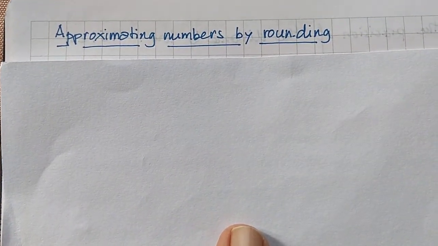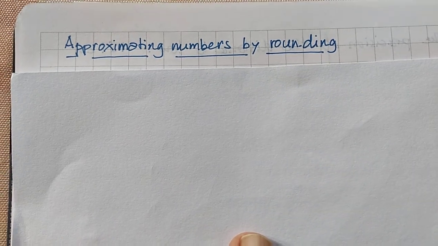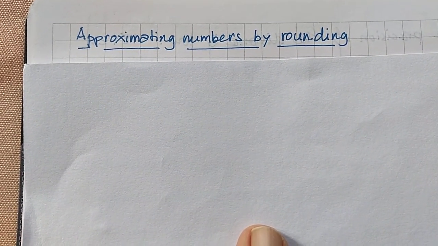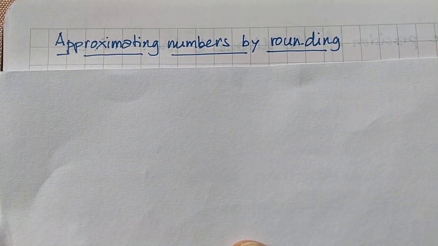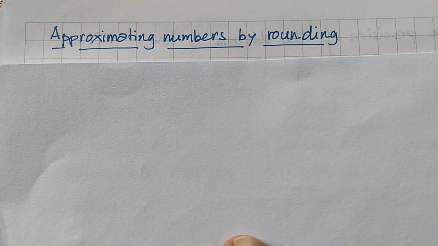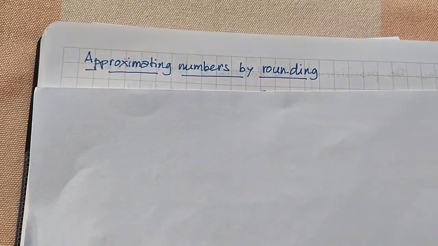Okay, so approximating numbers by rounding. Essentially what it means is that when you have a number, you can approximate it by removing some of the digits at the end. Usually those digits are after the virgule, but sometimes you can remove them even if they are before the virgule.